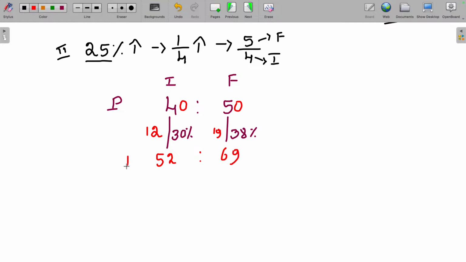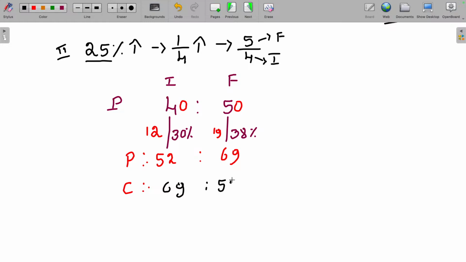The ratio of price after raw material plus labor cost: total price will be 52 starting, now it will be 69. Because in the question expenditure should be constant, price is inversely proportional to consumption, so the consumption ratio will be 69 is to 52.